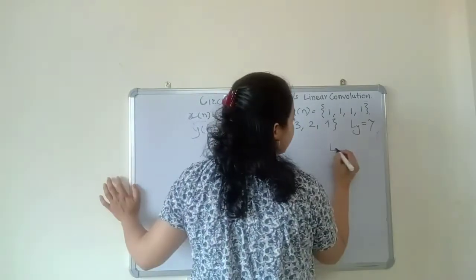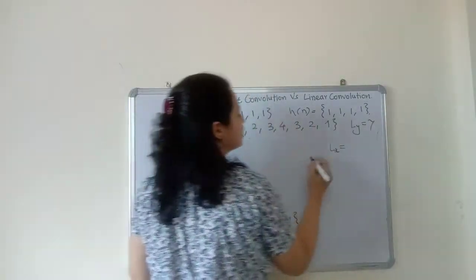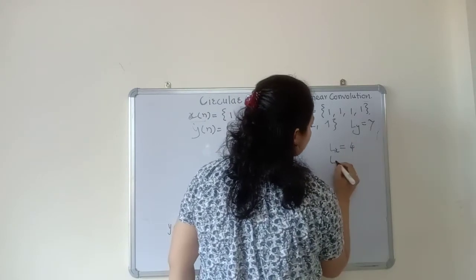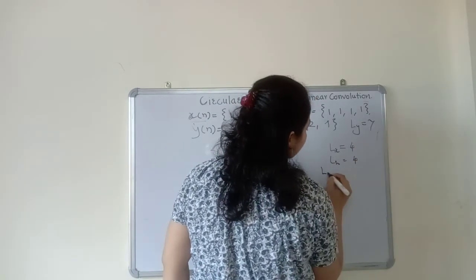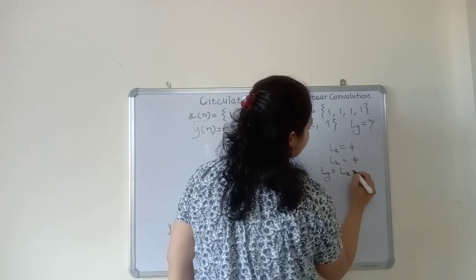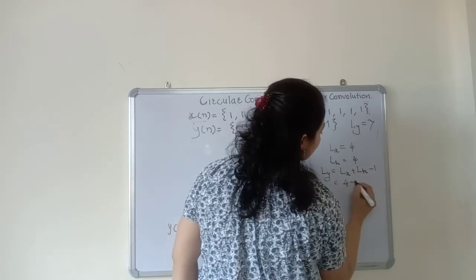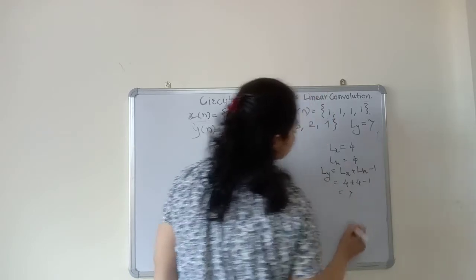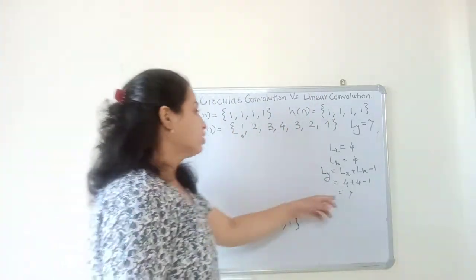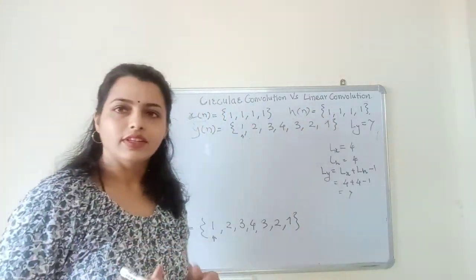Lx, the length of sequence x, was 4. Lh was 4. Ly is calculated as Lx plus Lh minus 1, that is 4 plus 4 minus 1, which is equal to 7. So the length of the linear convolution is 7.